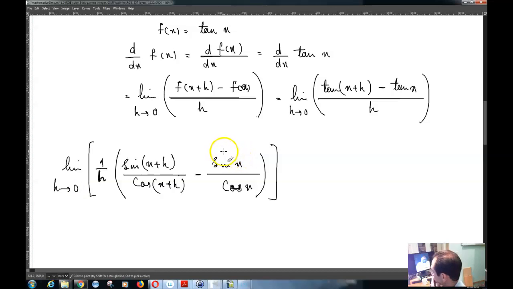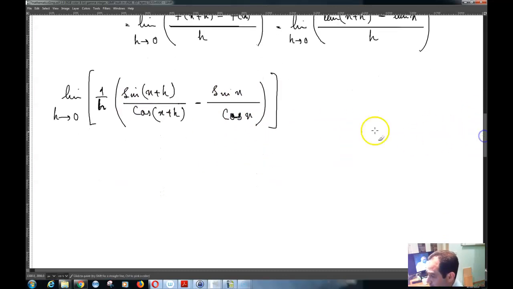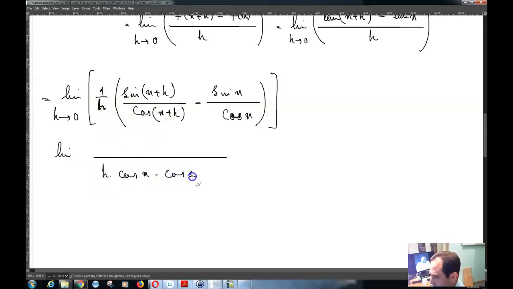So I suppose now you can write this as the limit of basically cos x times, and of course you can multiply h over here, h times cos x times cos of x plus h.